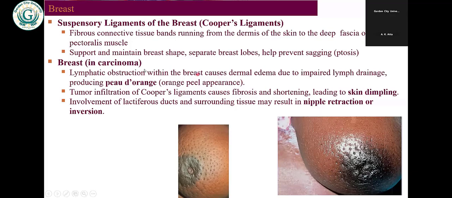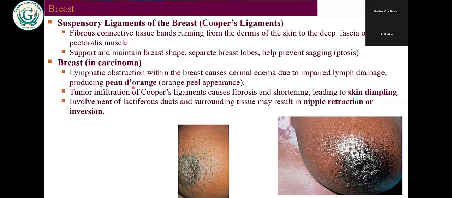Now, when there are tumor cells within the lymphatic vessels, they cause obstruction. It can also produce this thing here. You see that the breast looks like an orange peel, what they call peau d'orange. This is due to these cancer cells infiltrating, causing lymphatic obstruction.